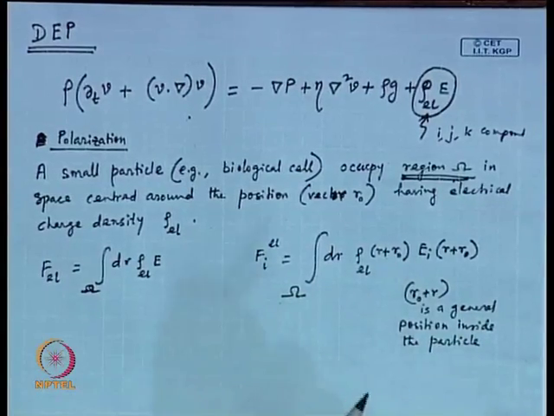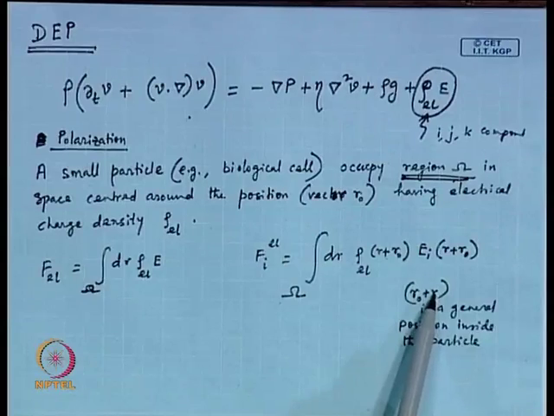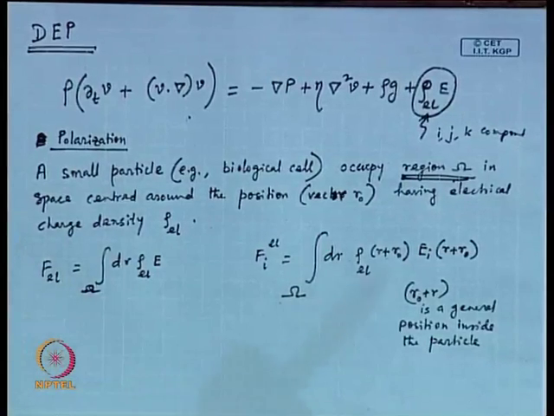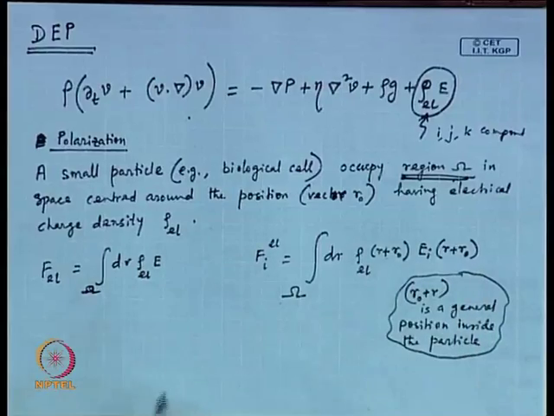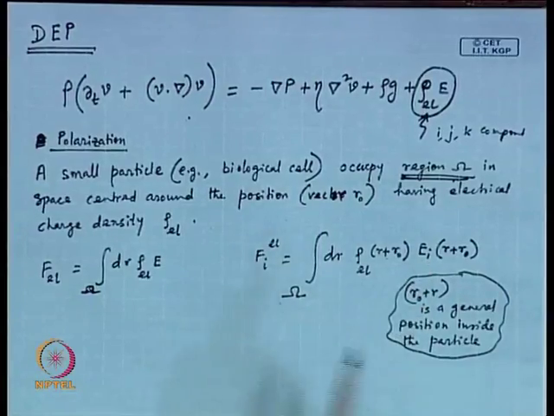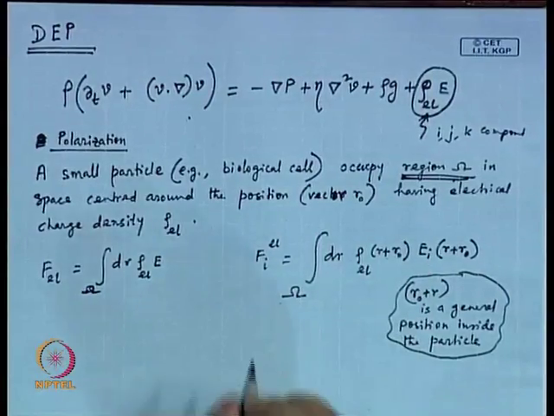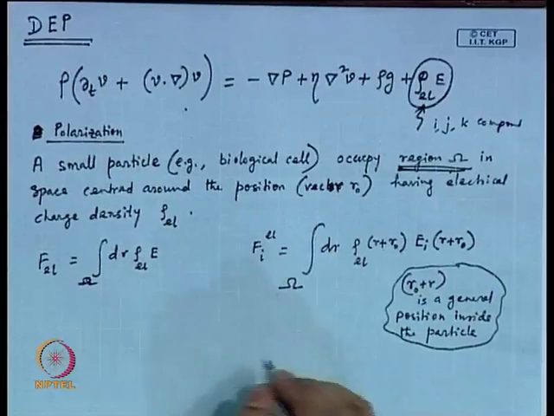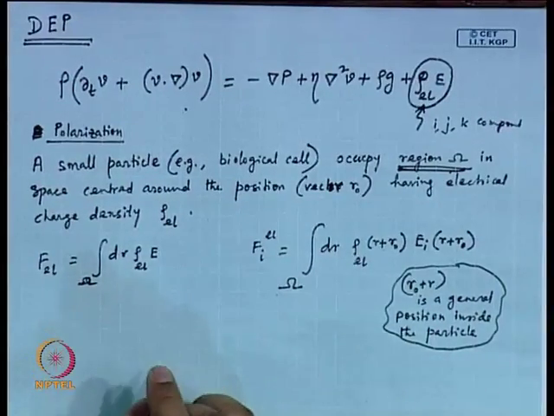Inside the biological cell there are several positions, and those individual positions are given by r0 plus r. r0 is fixed, because r0 defines the center of that region omega. Around that center there are several r's, so you have to take them into account. So, when we are talking about the ith component, we are talking about these E i. So, this is the expression for the force in the ith component.